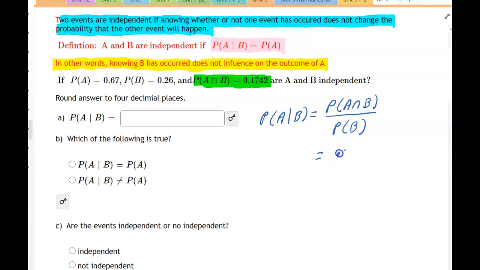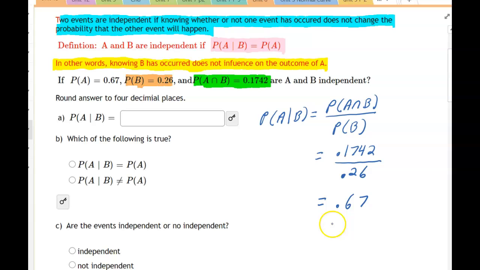So this is equal to 0.1742 divided by the probability of B, and using the paragraph, the probability of B is 0.26. When I divide those two numbers on my calculator, I get 0.67.